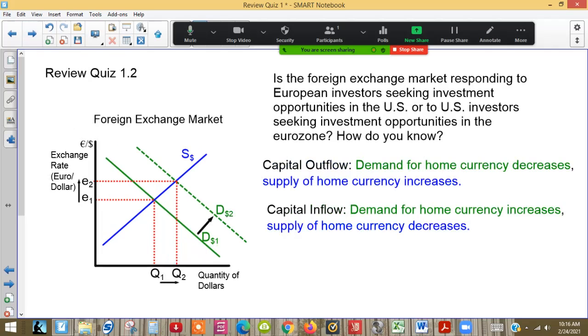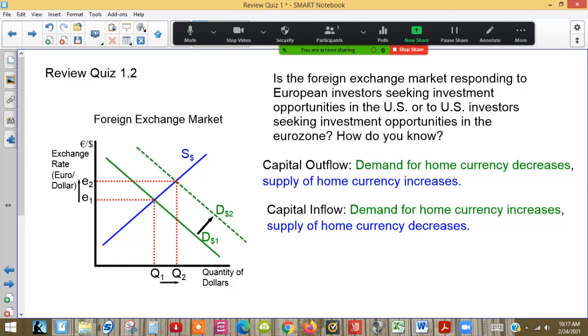So the next model that you've seen before, again, is the foreign exchange market model. Always remember that whatever currency you see on the horizontal axis, you're going to see in the denominator of the vertical axis variable.